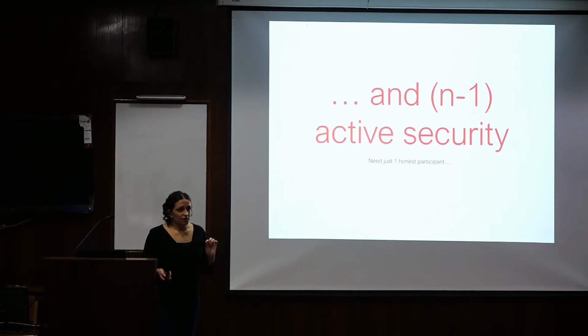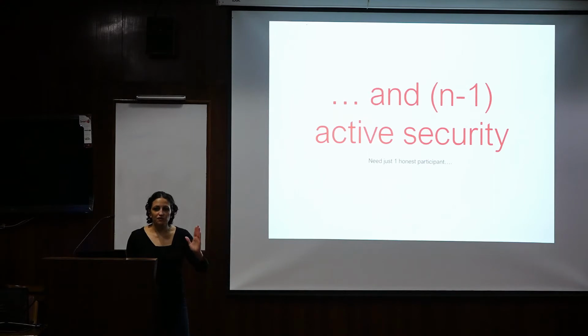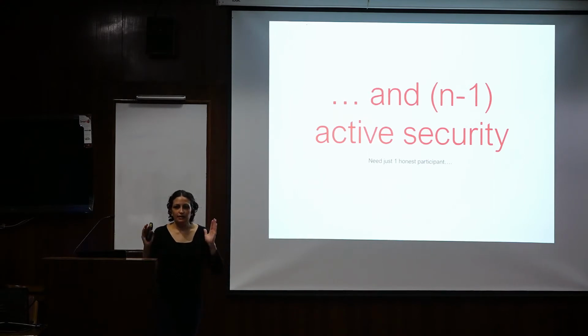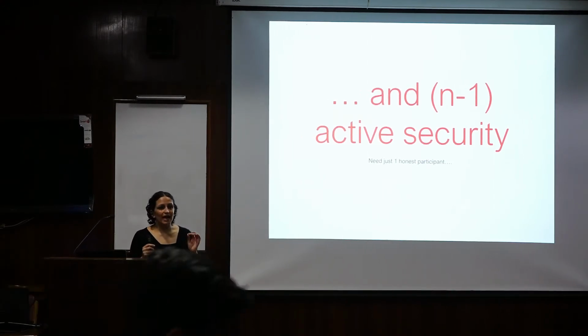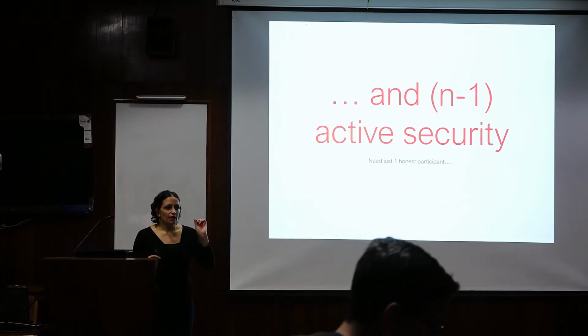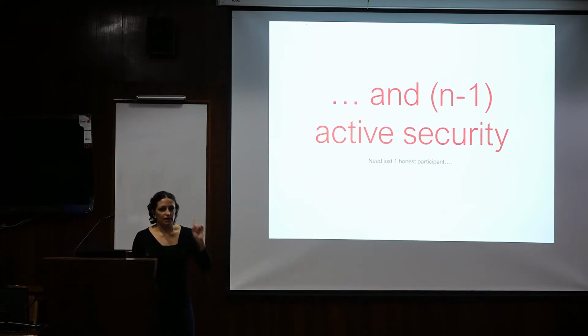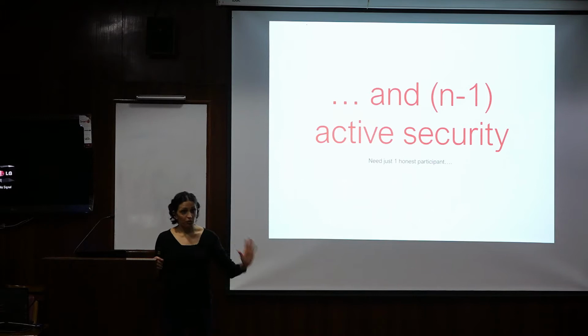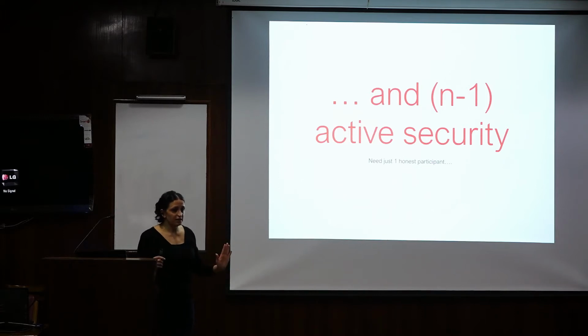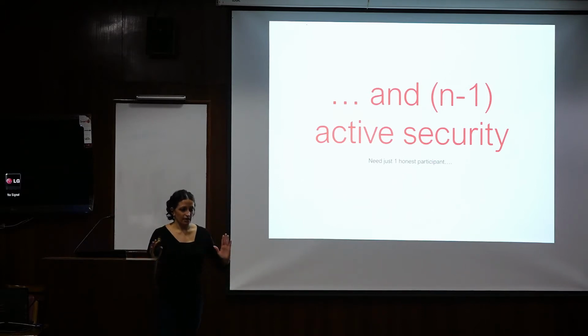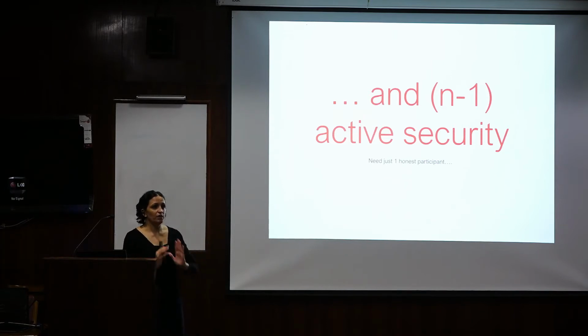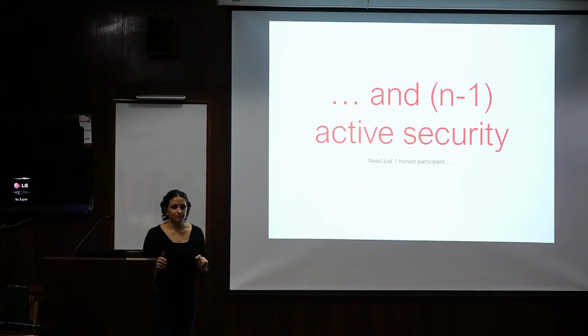Not only that, we want pretty much the strongest type of security in the dishonest majority setting with active security, meaning at most n-1 of the parties can collude, and even if only one party chooses the shares appropriately, as the protocol specifies, then the result is secure. No one can extract the prime factors of the outcome.